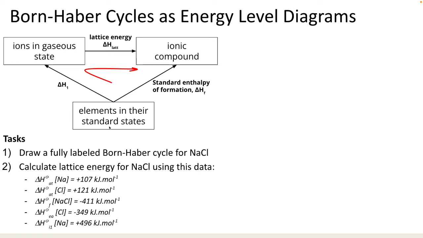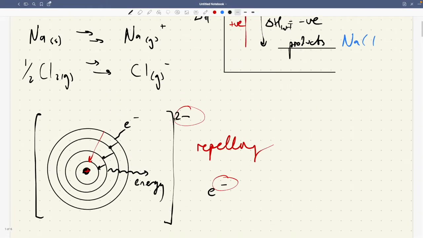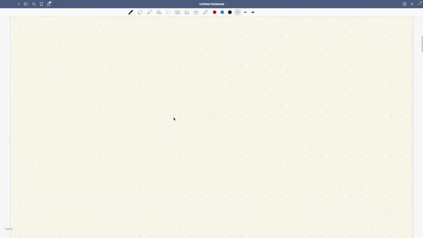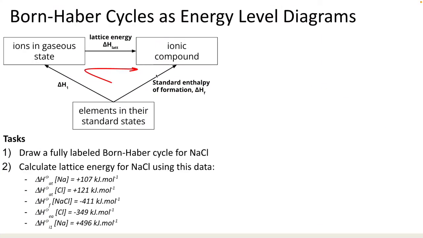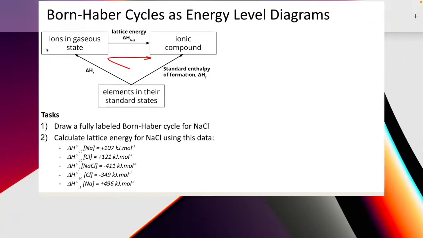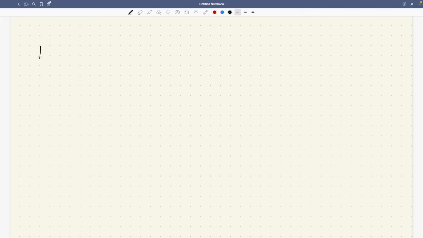Let's redraw this with each of our steps for our sodium chloride example to start off with. So what do we have? We've got our ionic compound, elements in their standard state, and ions in their gaseous state. So let's start with the lattice energy part, which is what we're doing all this to find.